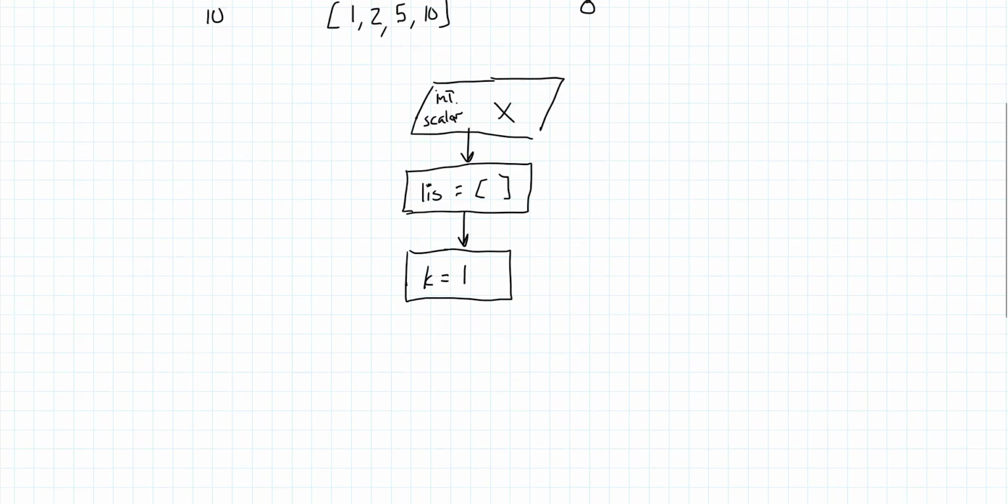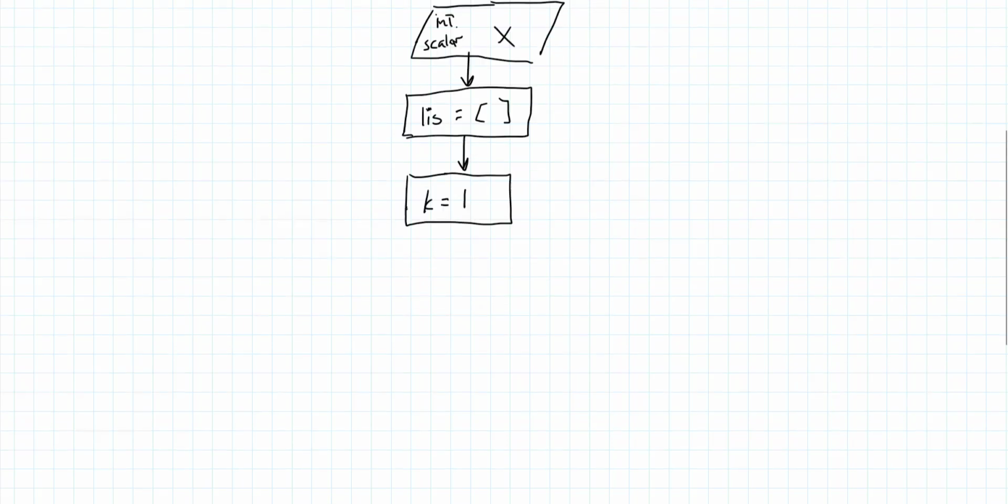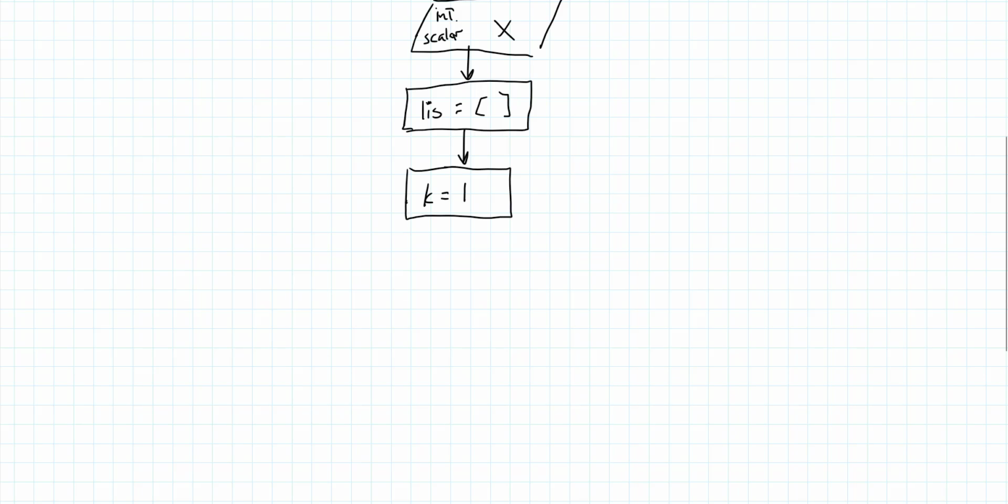Again, we have different ways we can do this. This is the most brute force approach, definitely not the most elegant. But we're going to repeat this process over and over again, so this is where a loop is going to happen.